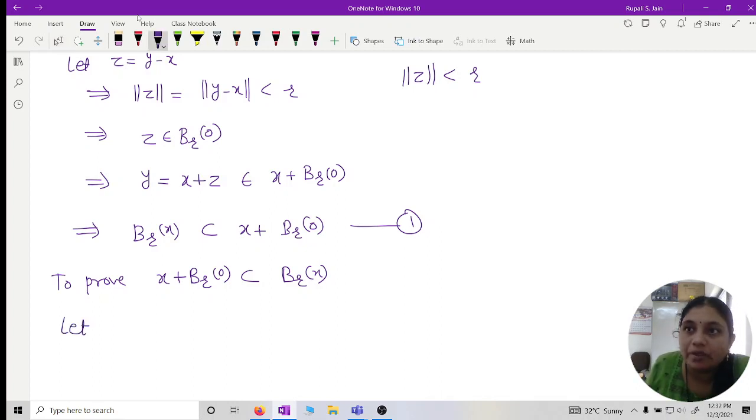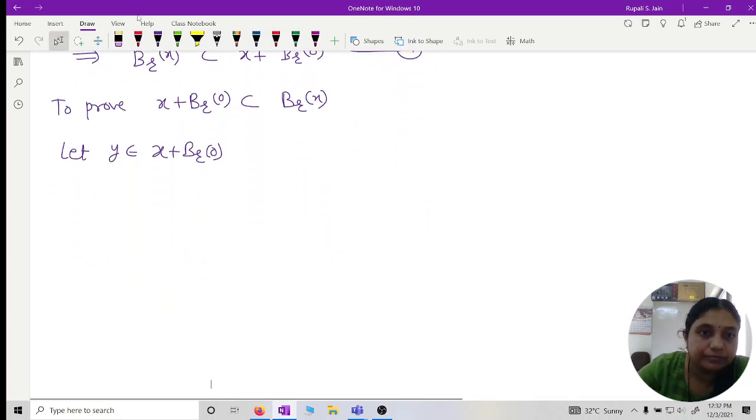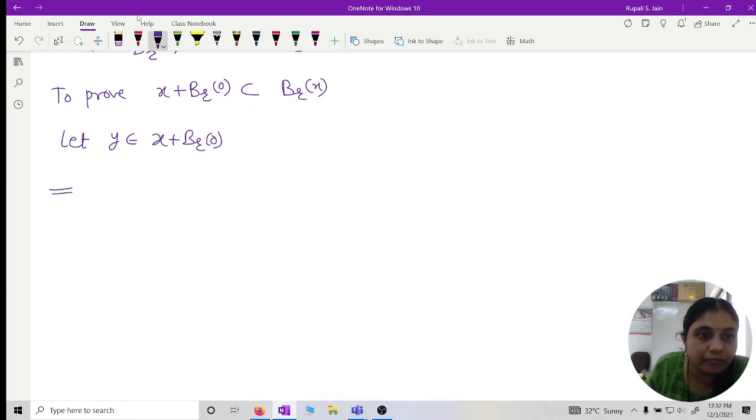Let y belong to x plus B_R(0). So what does this imply? Y is equal to x plus z, where z belongs to B_R(0), right?